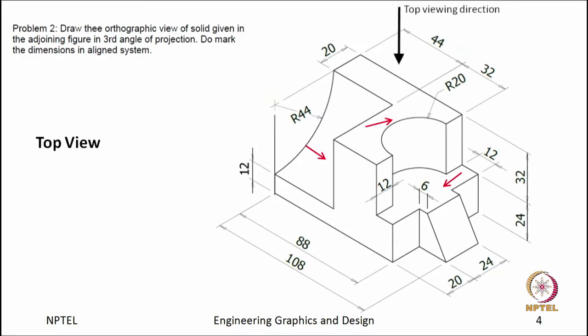These are the three features, and also this inclined surface we will be able to look at from the top view. That is not shown here, but I will do. First we will start with this top surface.